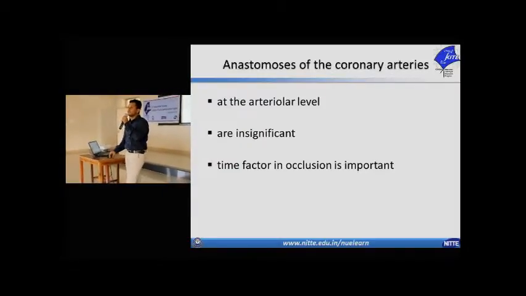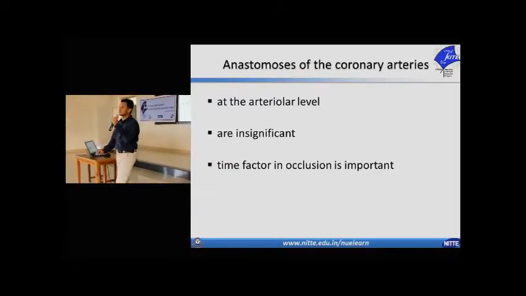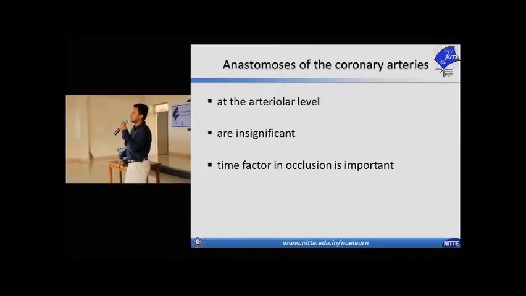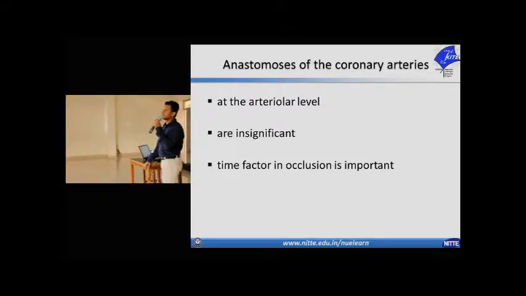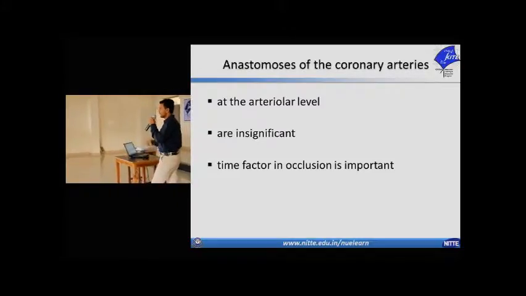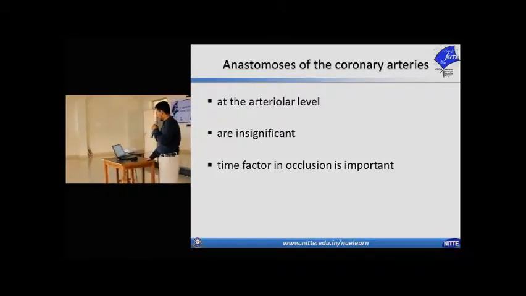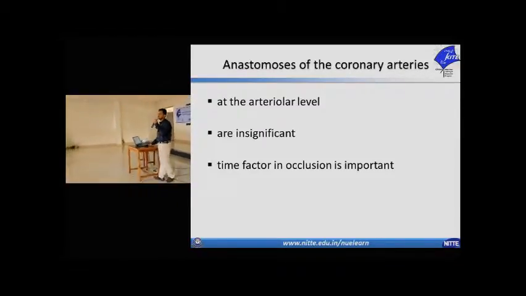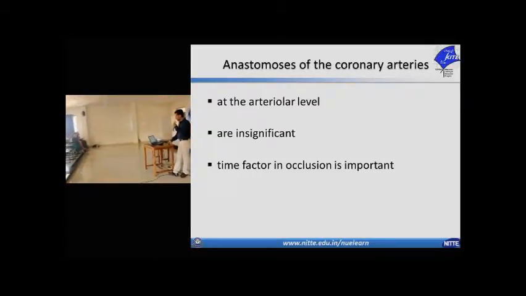If there is a sudden block in the coronary artery, there is no time for the arterioles to open up or to make the anastomosis. Most of the time it is a sudden blockage, so the anastomosis is not that significant in case of coronary arteries.